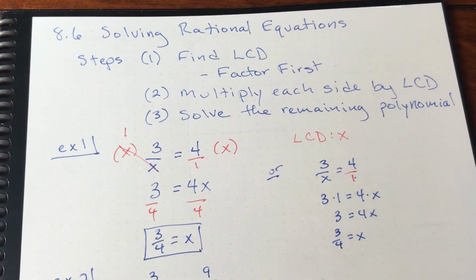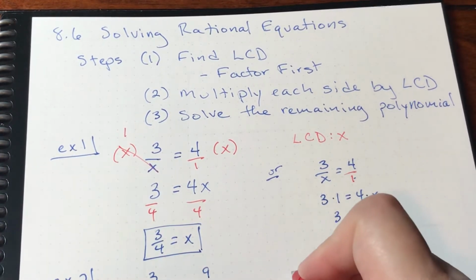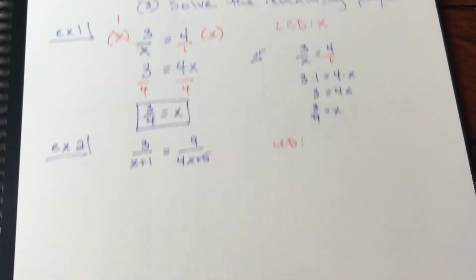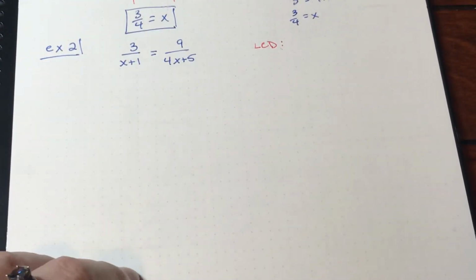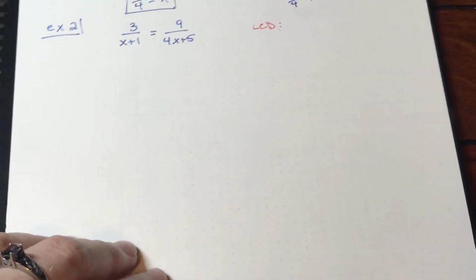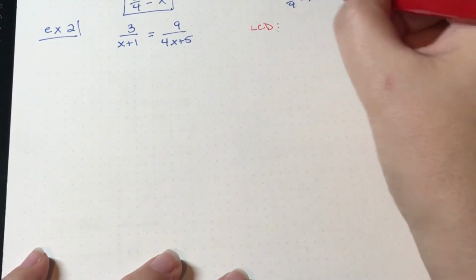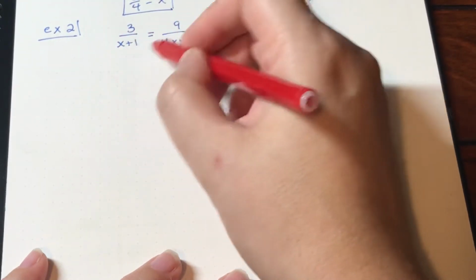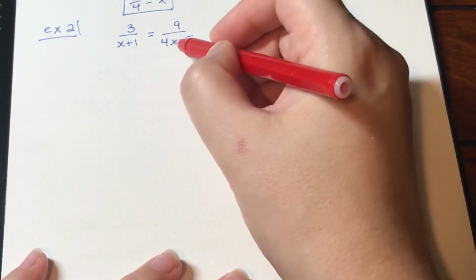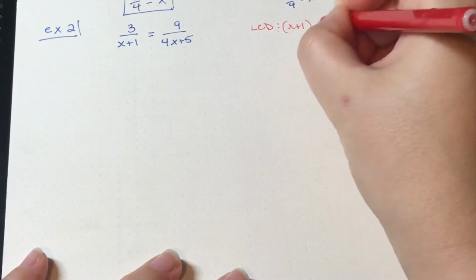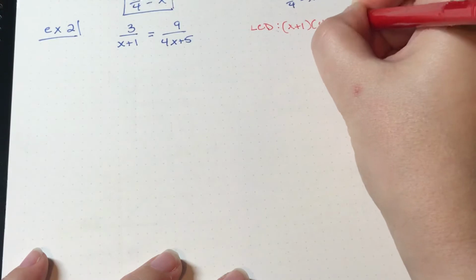Again, we're going to find our least common denominator, our LCD. Sorry about that. So our LCD is, there's no common factors here. We can't factor either of these. So it's just x plus 1 times 4x plus 5.